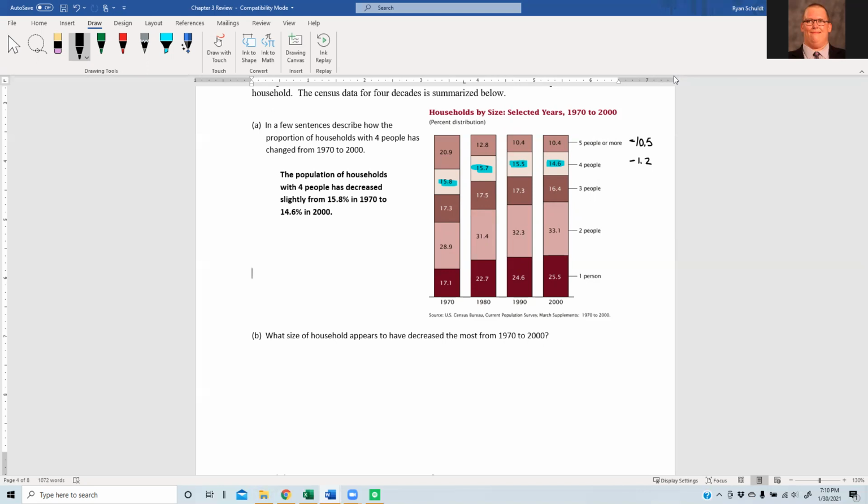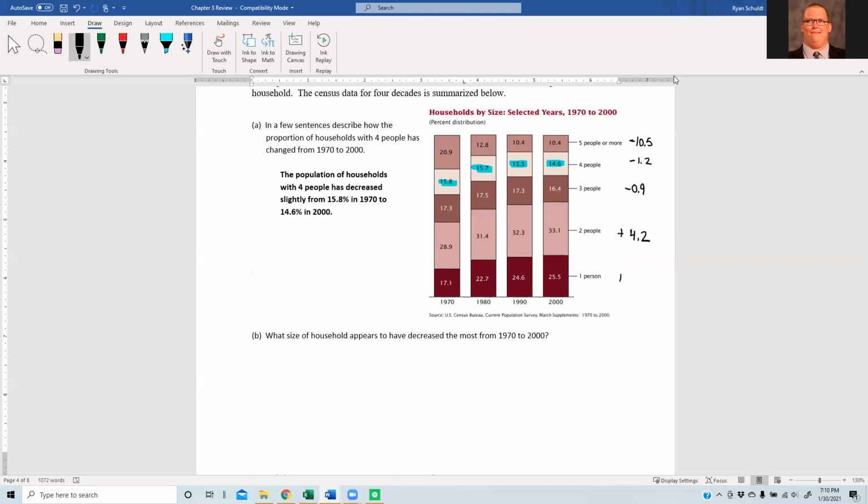17.3. Wrong way. 16.4 minus 17.3. It's going to be minus 0.9. 33.1 minus 28.9. So this one actually went up 4.2. And then 25.5 minus 17.1.